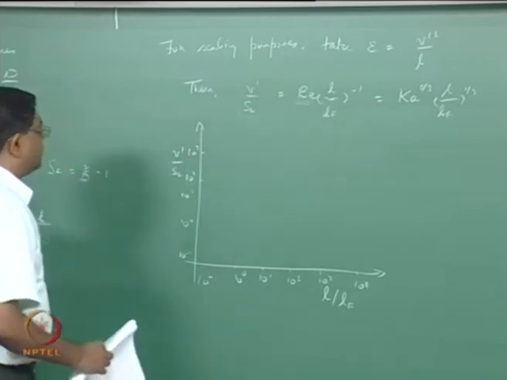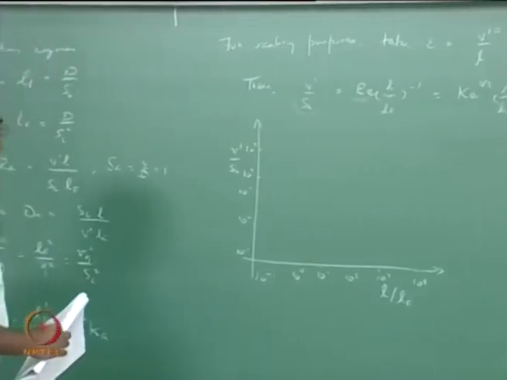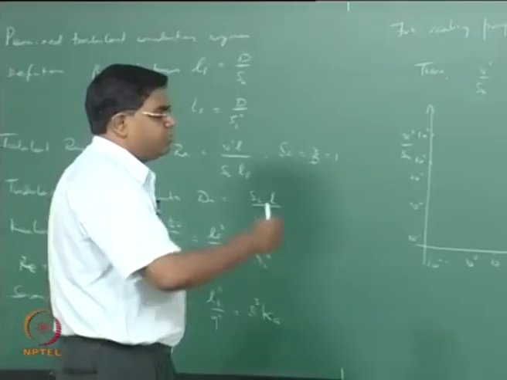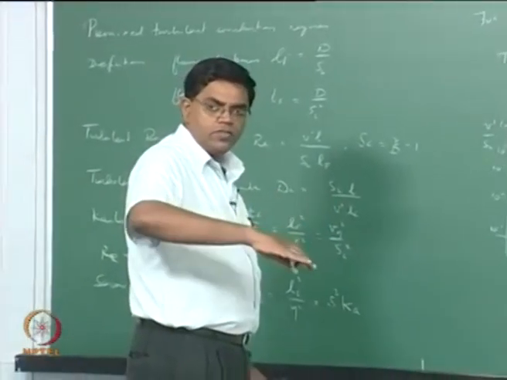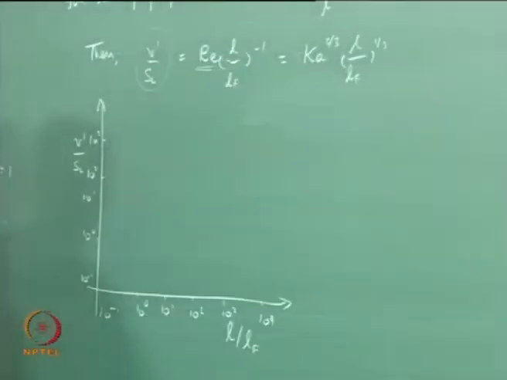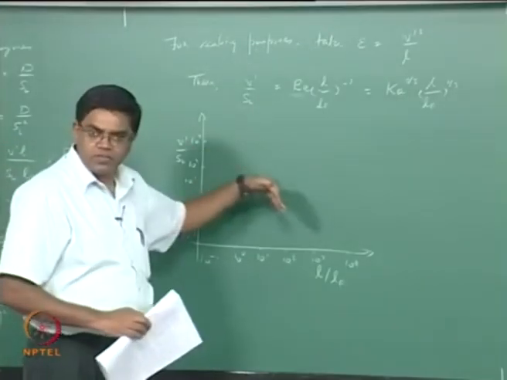On a normal plot, it would be a rectangular hyperbola forming the relationship between V prime over SL and L over LF for constant Reynolds number, but this is actually a log-log plot. So in a log-log plot, this shows up as a straight line with a negative slope.